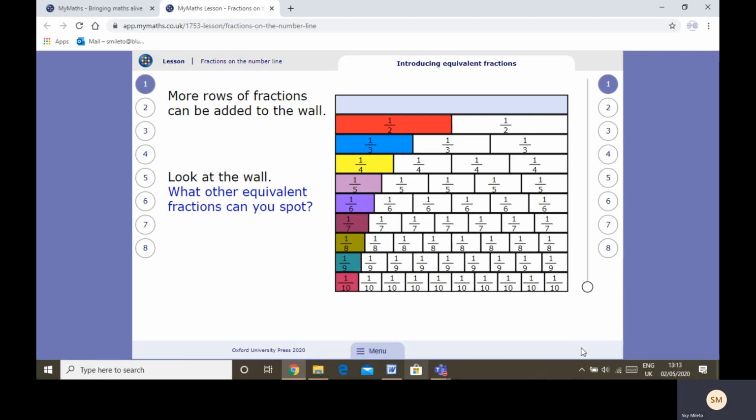So what other equivalent fractions can you spot? You can pause the video if you want to have a look at some of the other equivalent fractions. One that I can see is that 2/8, if we drew a line up from here, would be equivalent to 1 quarter. That's one that I can see. Pause the video and see if you can see any more.